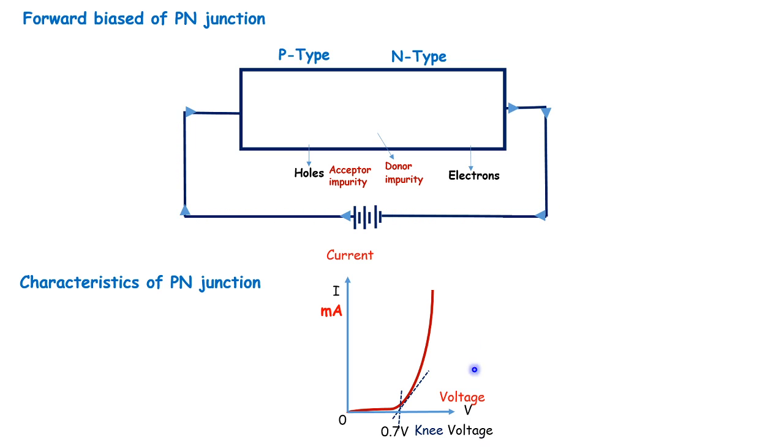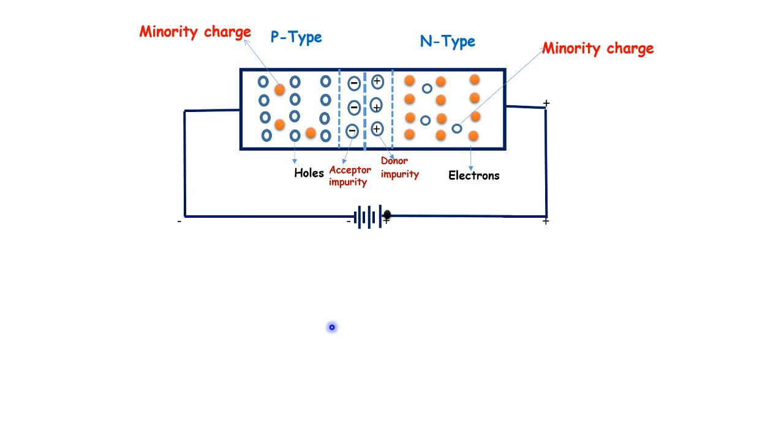As the battery voltage increases, current passes through the PN junction, the voltage across the junction remains constant, and only the current increases. That current is always in milliamperes, and the resistance offered by the PN junction is very less. These are the points we have to remember in forward bias of a PN junction.